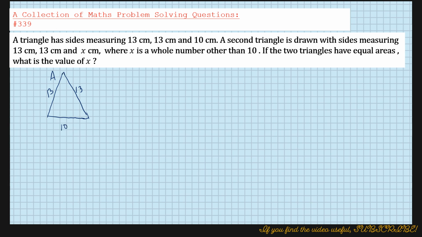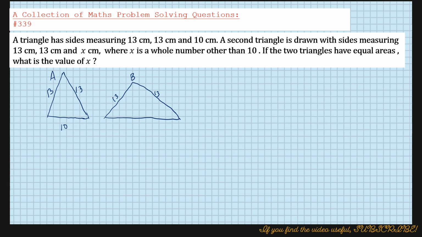The area of this triangle is equal to another triangle which also has side lengths 13, but obviously the height and base would be different for them to have the same area. So they are 13 and 13, and this is, say, triangle B.